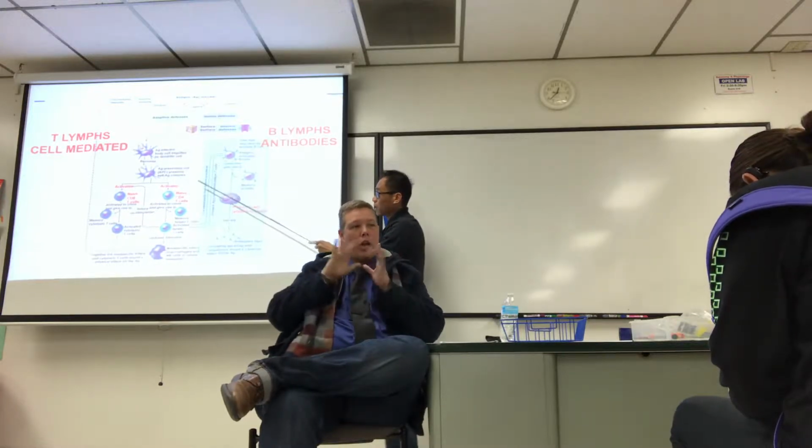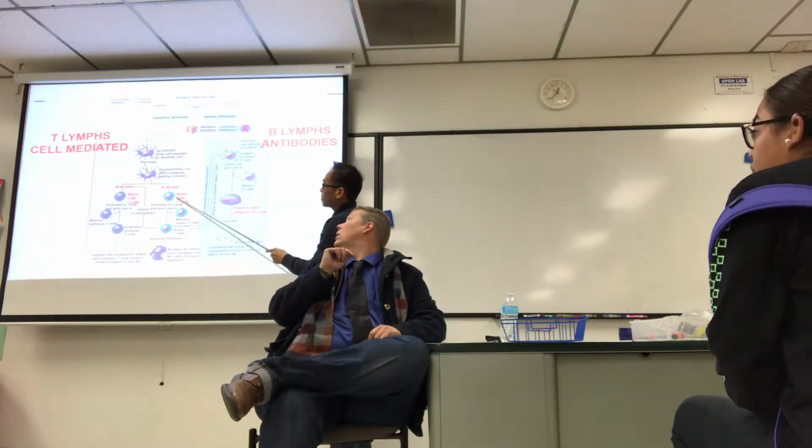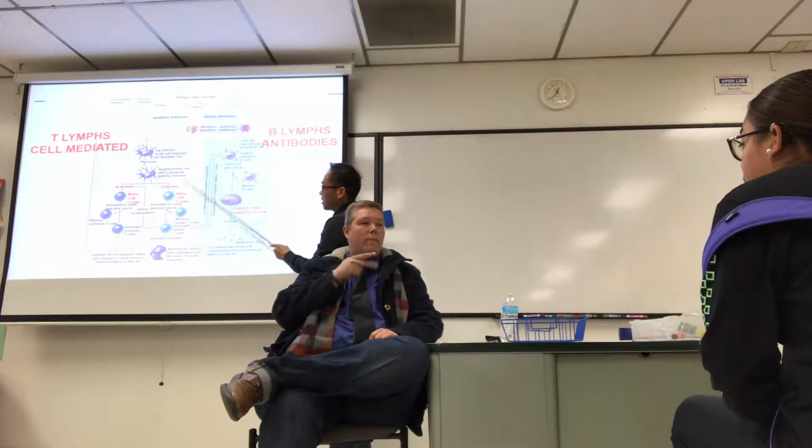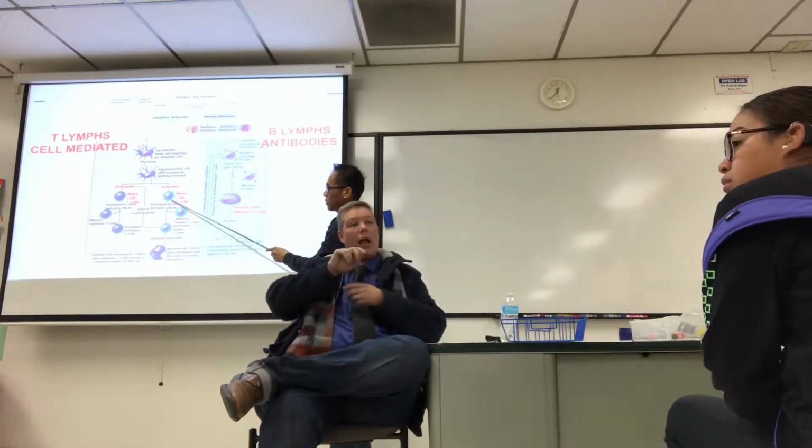But now we're going to talk about the T lymphs. And the big difference is that the T cells can't bind the free antigens. They need an antigen-presenting cell to present a piece of that antigen to it to cause activation.